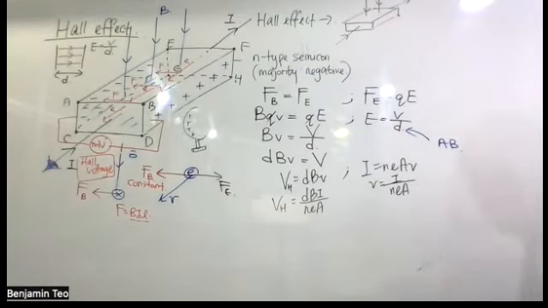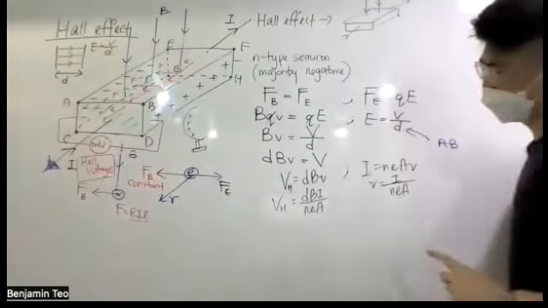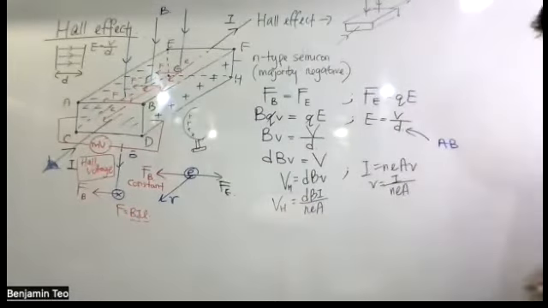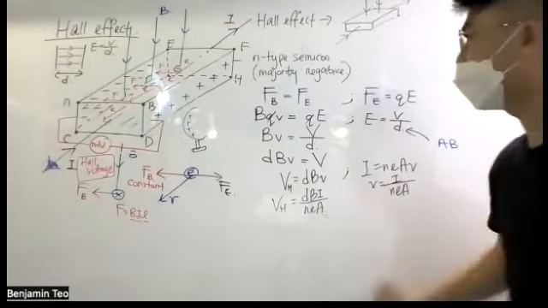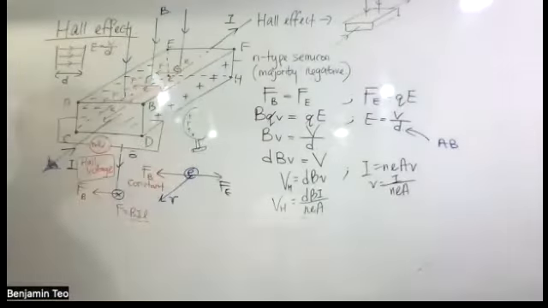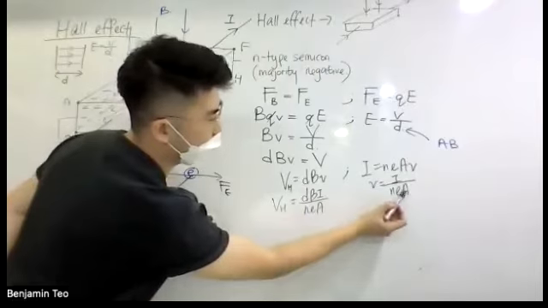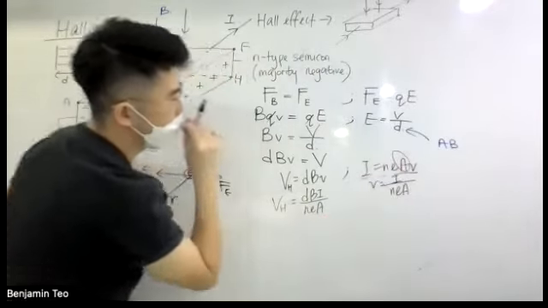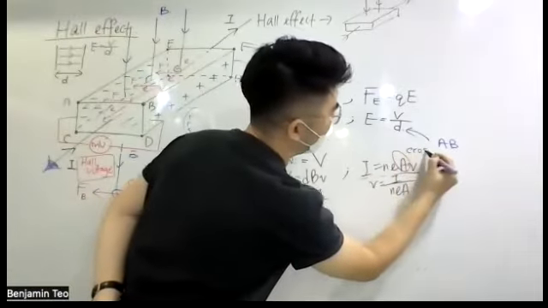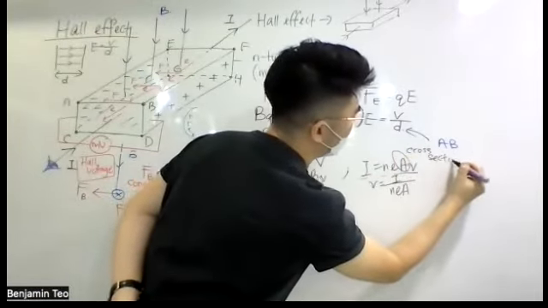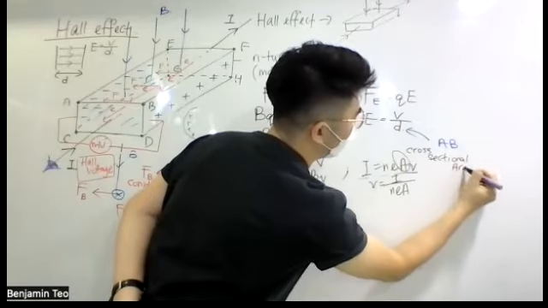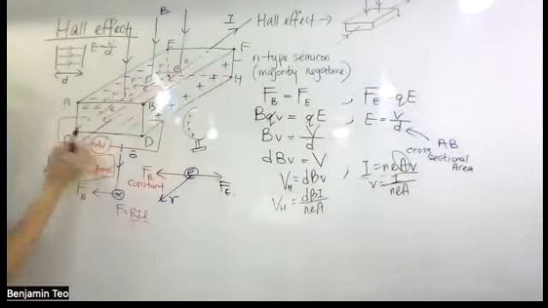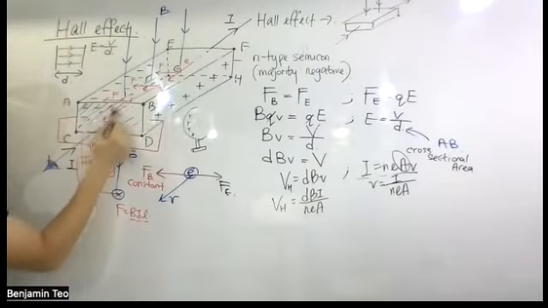One more step. I want to cancel the d from my area. What area is this? This area is from where? From here, right? The drift velocity equation. What is this area? That is the cross-sectional area, which is the front face.